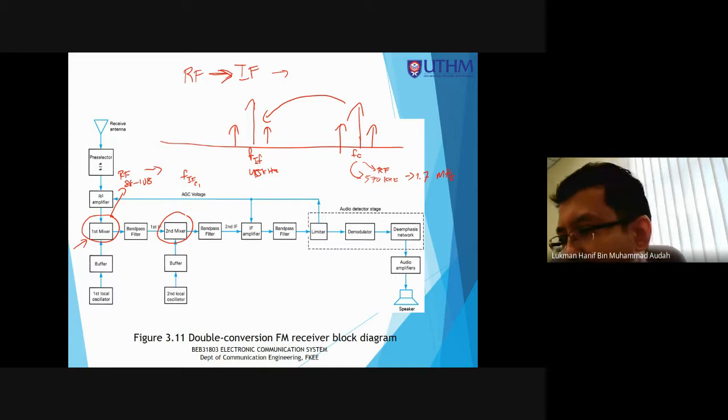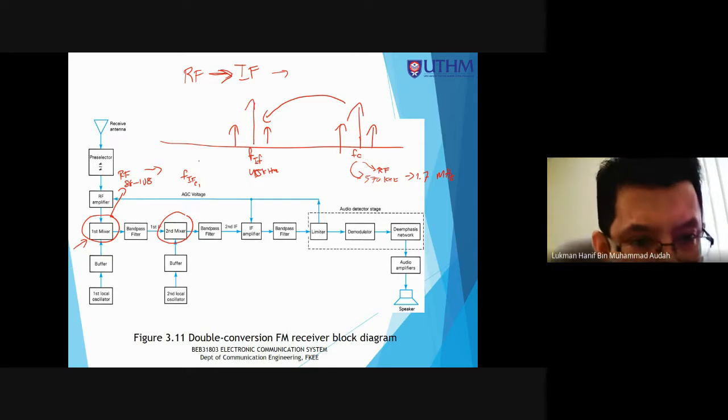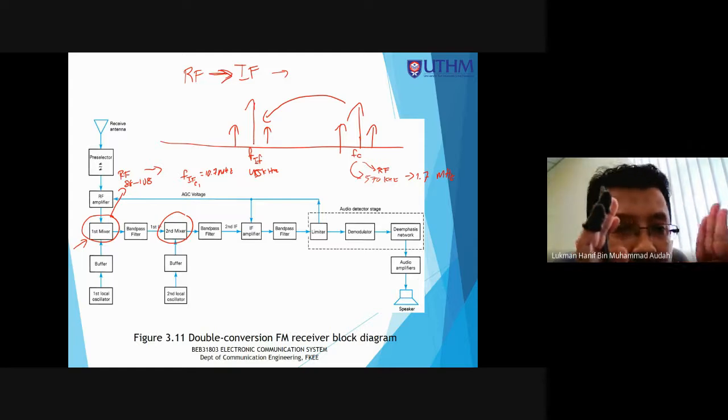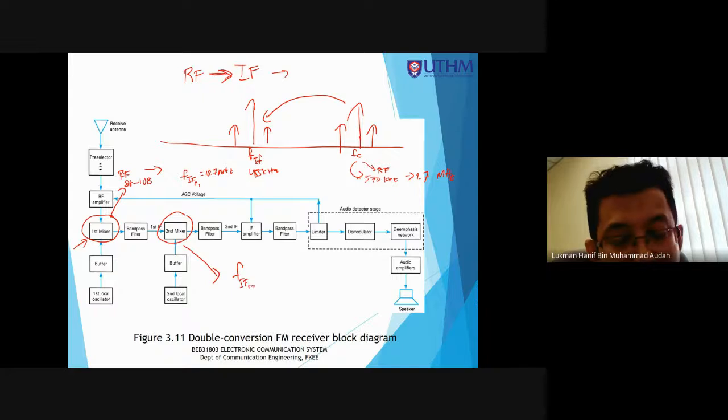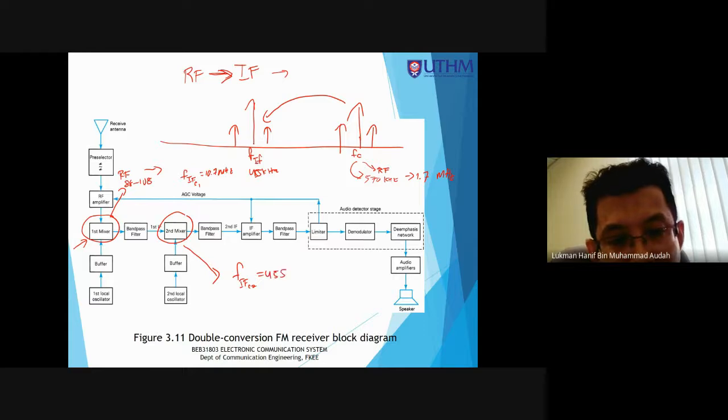Dalam buku ada ditulis di sini range-nya adalah dalam 10.7 megahertz. Center pada 10.7 megahertz. And for the second mixer baru dia turunkan lagi kepada FIF, center number 2. Okay, center yang kedua dia berada pada 455. Ini macam yang AM lah.